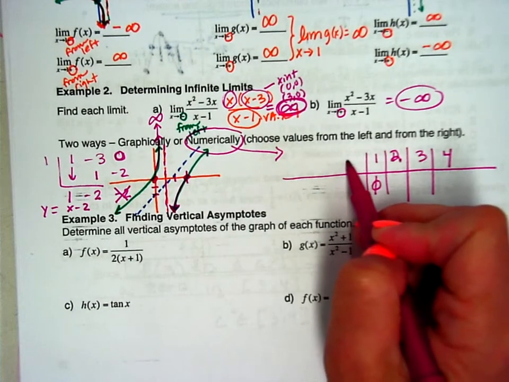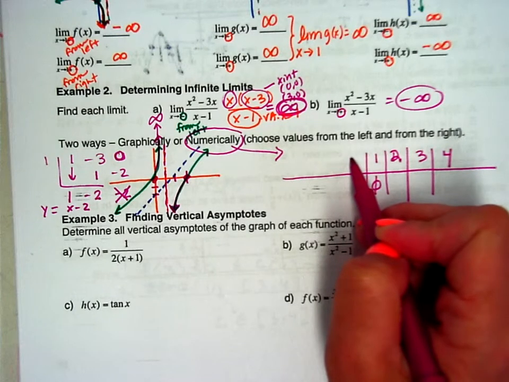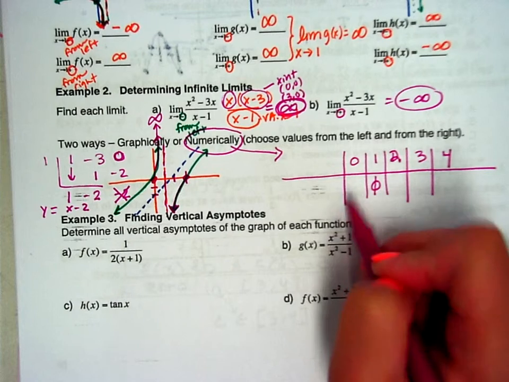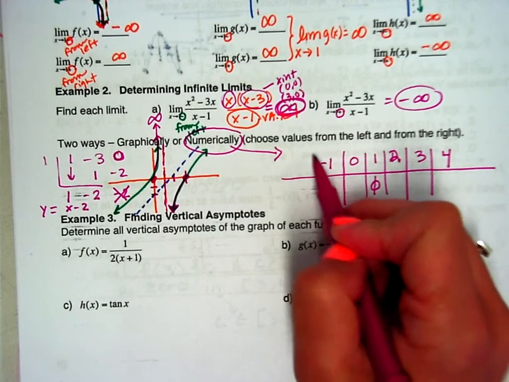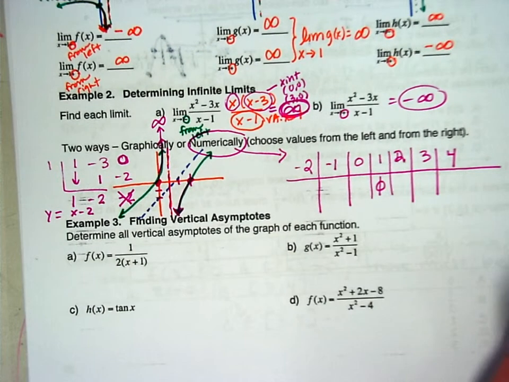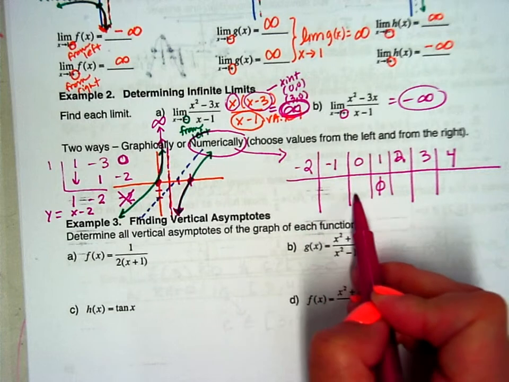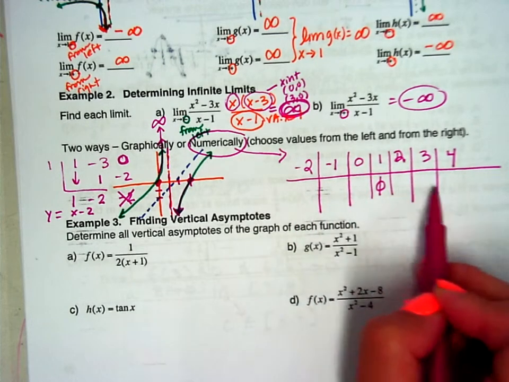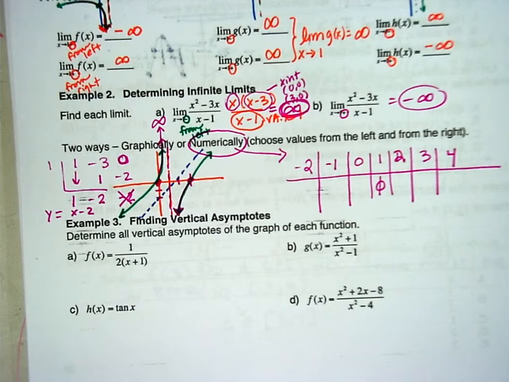And pick like 0. Well, this is going to be even harder. It'd be better to do decimals, right? But if you don't have a calculator, you can just do numbers like this. And what you're going to see is which way are these numbers moving, right? As I plug in these values, what am I getting? So go ahead and plug those numbers in. And what you're looking for is, is it going up or is it going down?